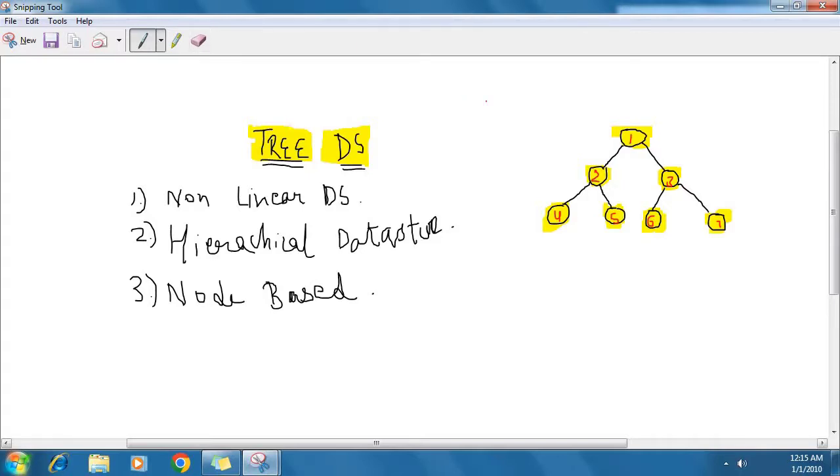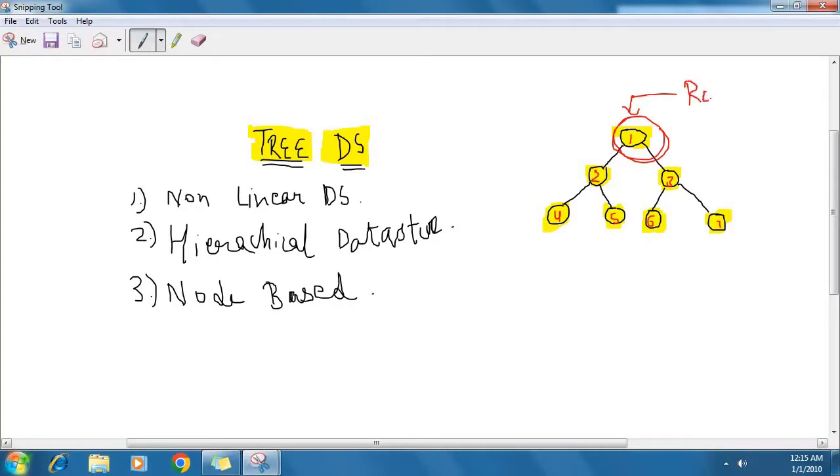If you relate it with the real world tree, the topmost node is known as a root node. Clear, this is a root node.